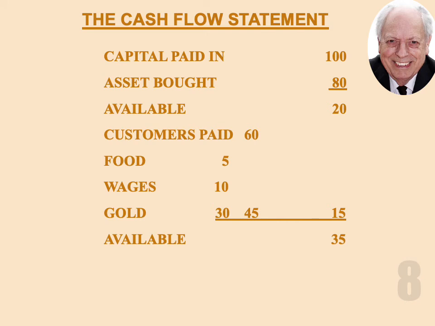Food cost 5, wages 10, gold 30, 45 in total. So trading only brought in 15. Available therefore is 35, of which Antonio took out 20, leaving cash of 15. 15 compared to 75 profit. Companies can look profitable and run out of cash. Trader better be careful.